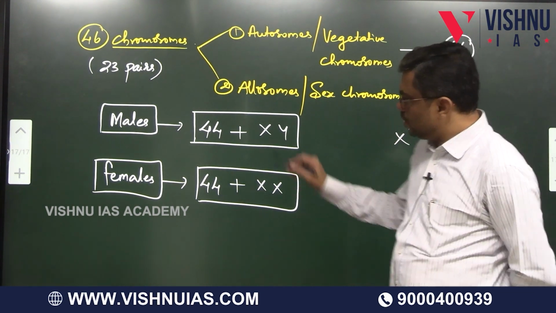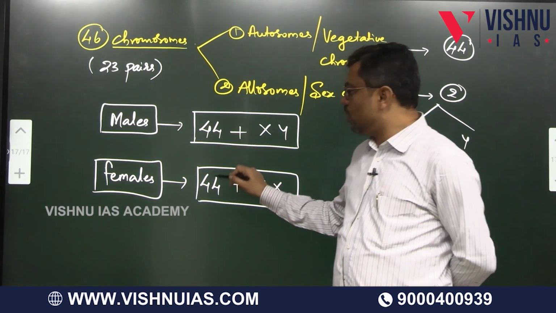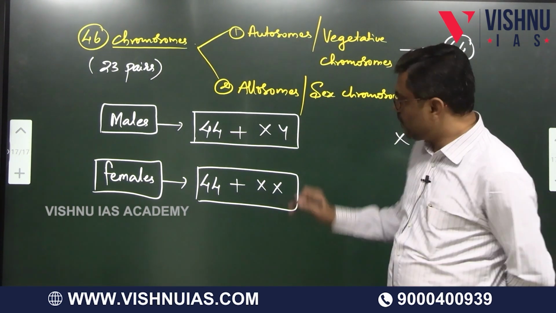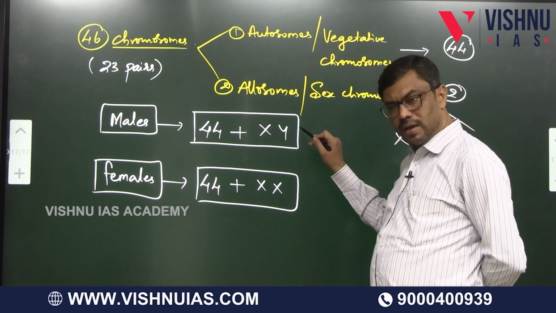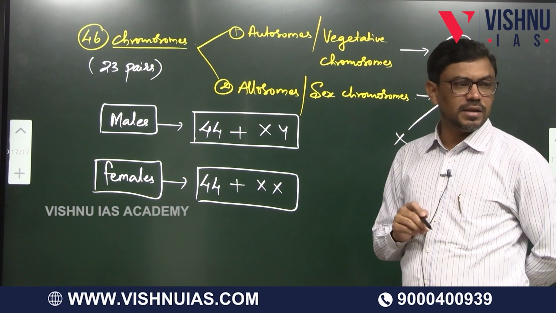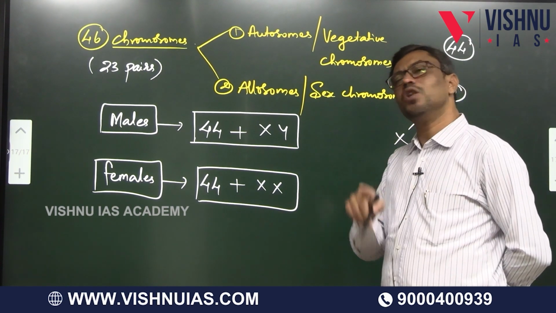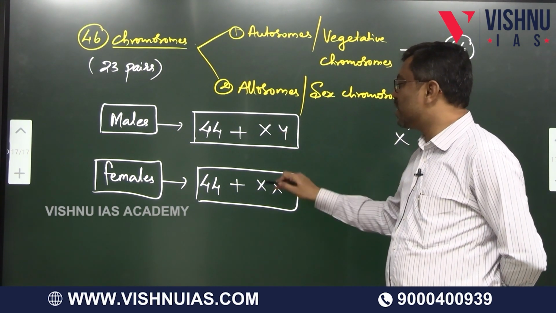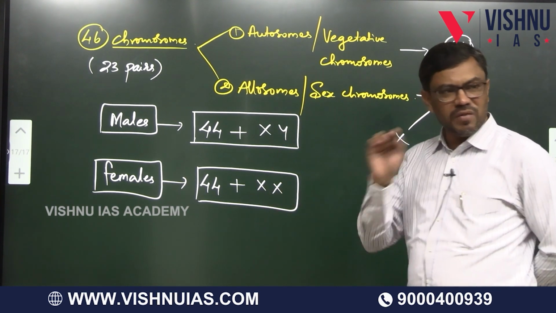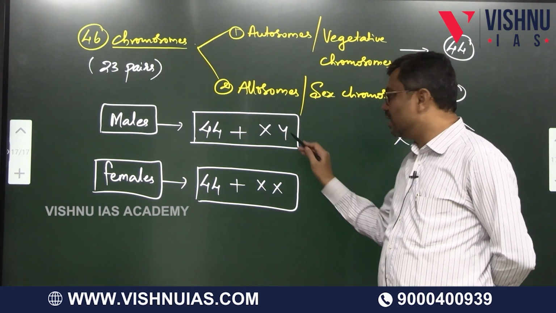Here you remember these 44 autosomes are similar in both males and females, and the XY combination makes the masculine characters, the XX combination makes the feminine characters. Is it clear? And here also one thing you remember, the X chromosome is present in both males and females. Specifically, the Y chromosome is present in males.